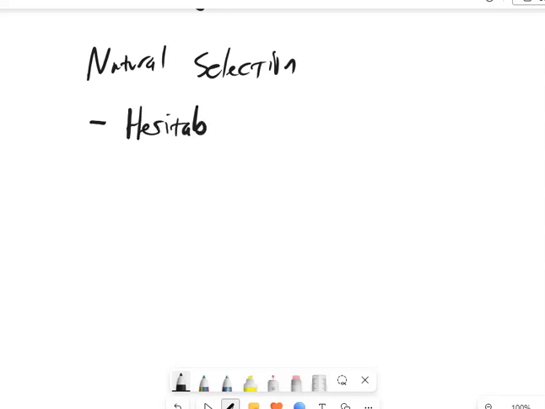And then finally, what are the elements of natural selection? There are 3 conditions that must be present. And if they are present, natural selection will happen. The first one is heritable traits.